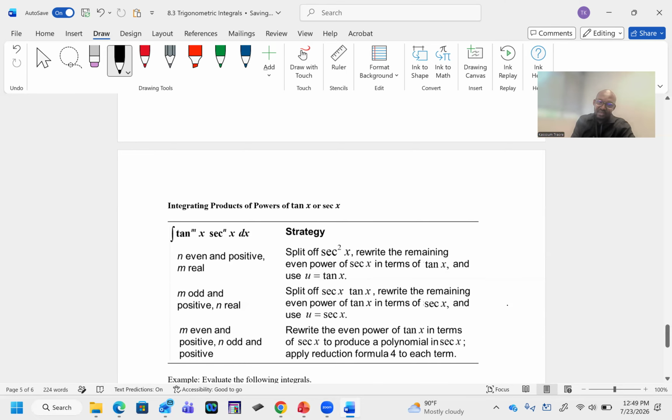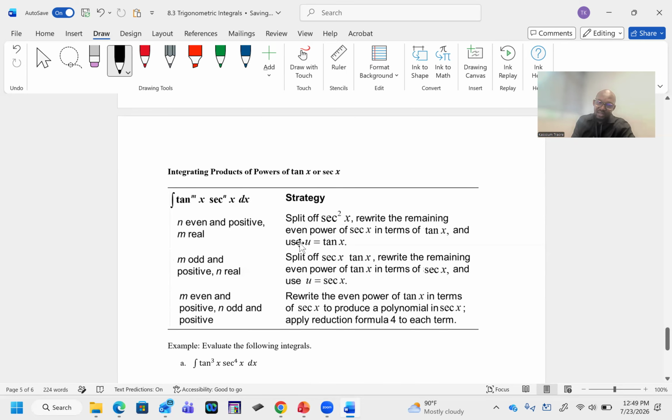Okay, like this one. You see, this is now the product of tangent to the power of m times secant to the power of n. Same thing as we did with sine and cosine. So if n is even, split off secant squared, rewrite the remaining even power of secant x in terms of tangent x, and use u equal to tangent x.